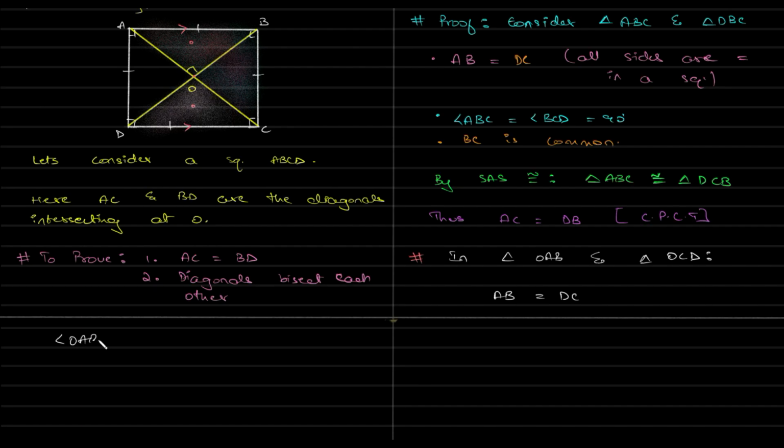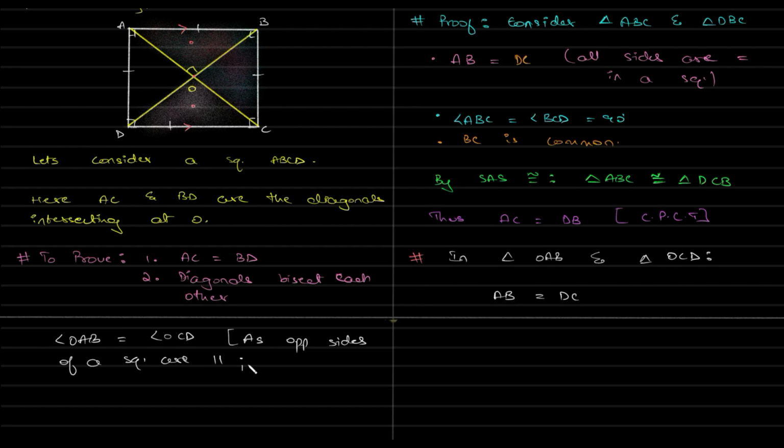Angle OAB is equal to angle OCD, alternate interior angles, as opposite sides of a square are parallel, right?